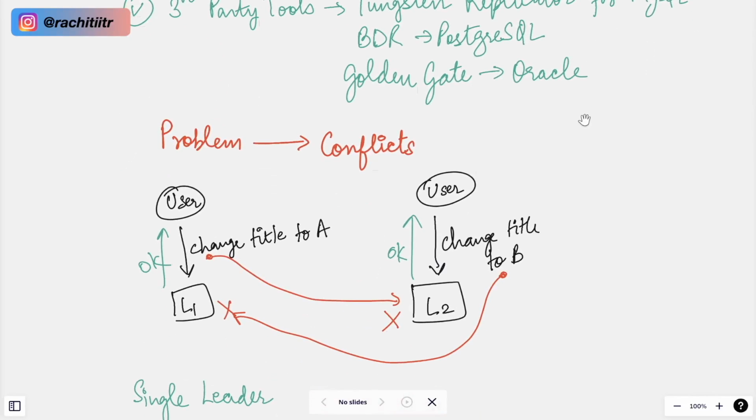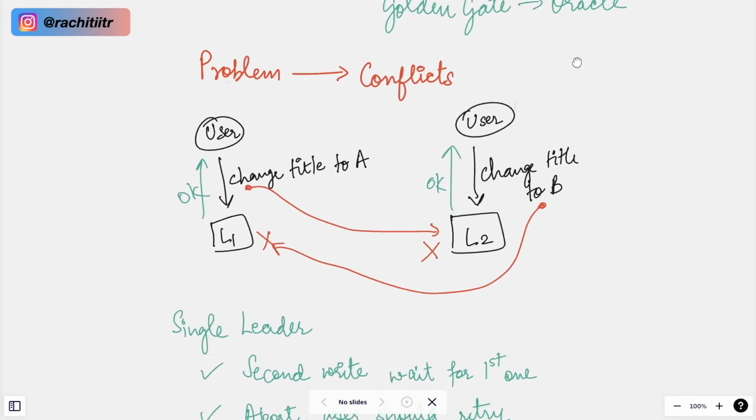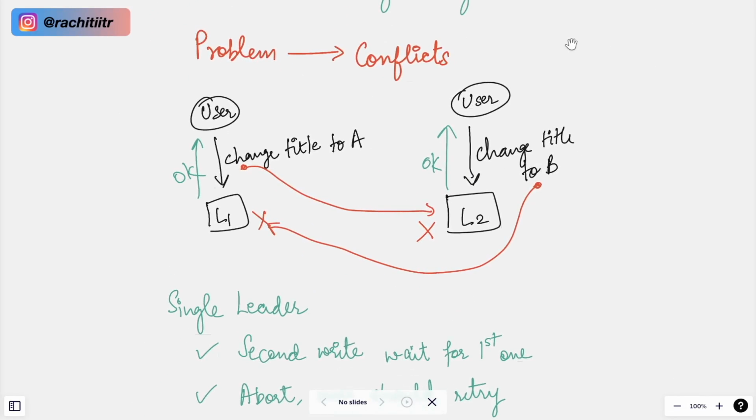But as I'm saying, in multi-leader there are conflicts. Let's talk about that in a very simple example. Let's say there are two different users across different data centers. User A is communicating to L1 and saying change title to A. Similarly, the other user is saying change title to B. Both L1 and L2 will tell their users, okay, I have accepted your write.